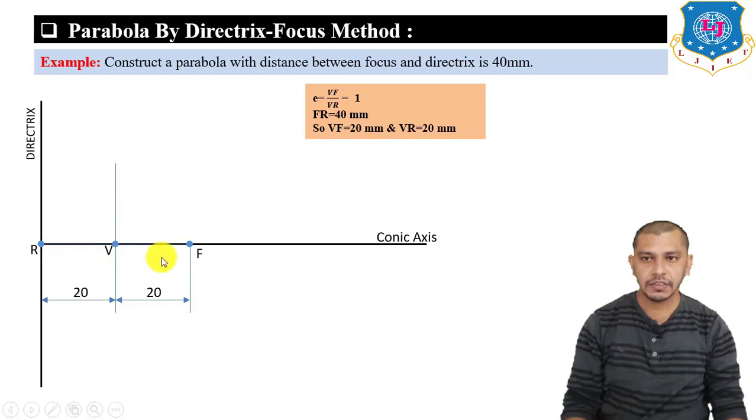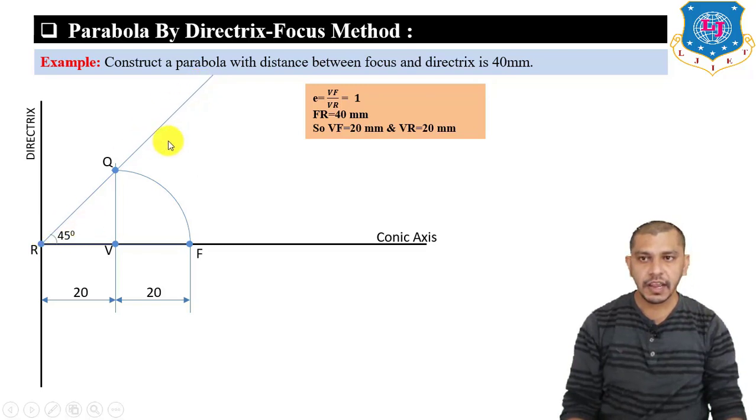After marking these points, now we have to draw a line perpendicular to the conic axis from the vertex point. Now measure V2F on the rounder, and from V as the center give an arc. You will get this point. Connect this point to R, and this point is our Q point. The angle of this line will be equal to 45 degrees for the parabola.